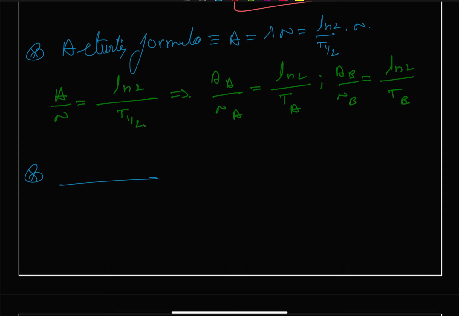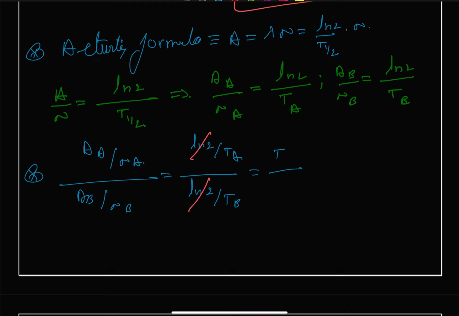So we can say activity of A divided by N_A over activity of B divided by N_B is equal to natural log of 2 divided by T_A over natural log of 2 divided by T_B. Here natural log cancels out, so this comes as T_B divided by T_A.